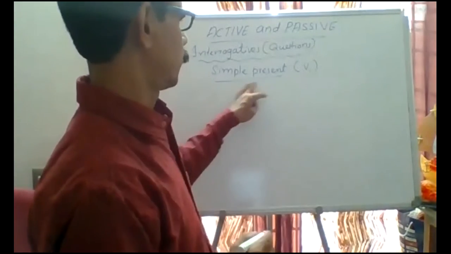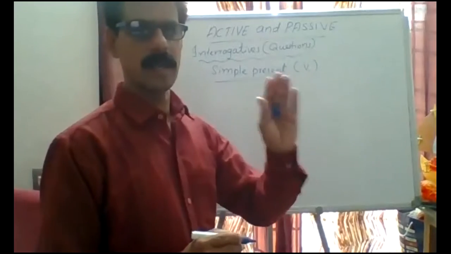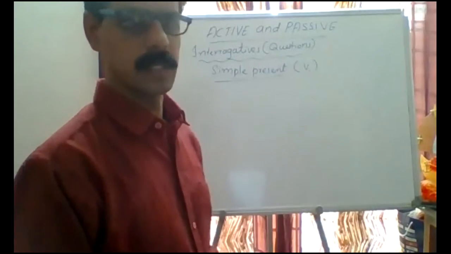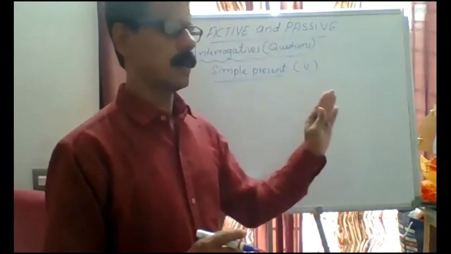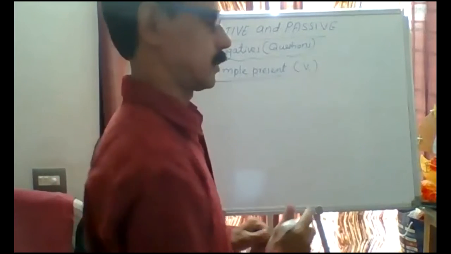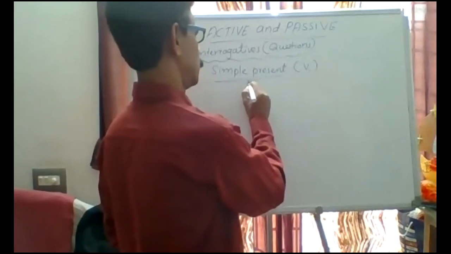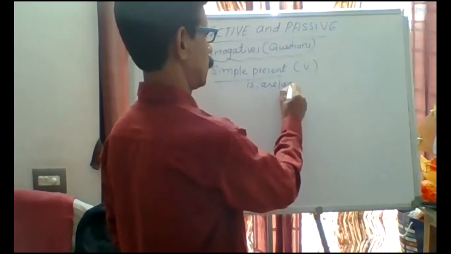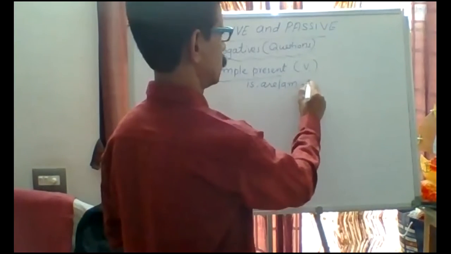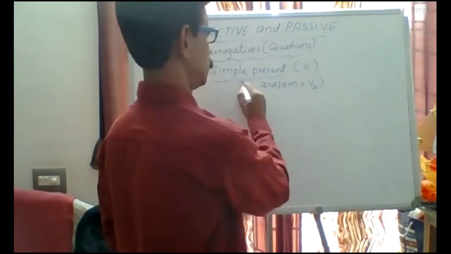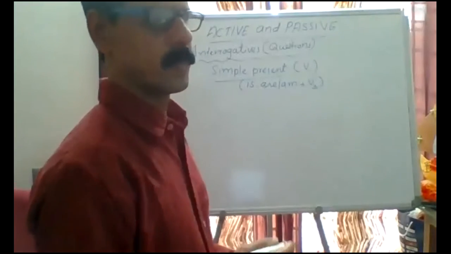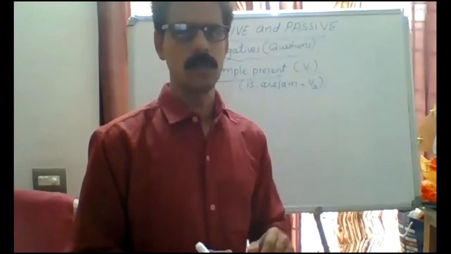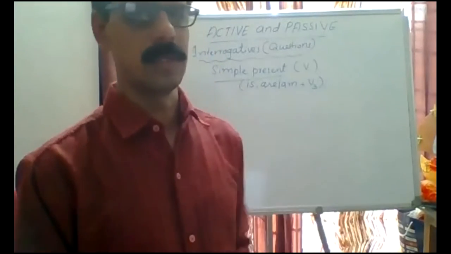Just V1 is the simple present active voice structure. What will be the pattern of the passive voice? It is very simple: is, are, or am plus the third form of the verb. V1 is equal to is, are, am plus V3.